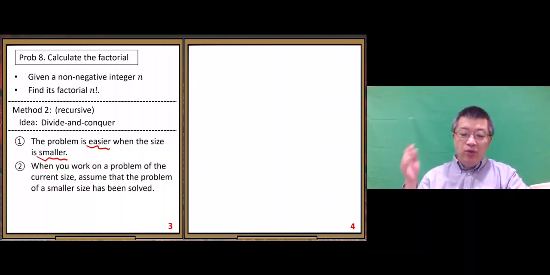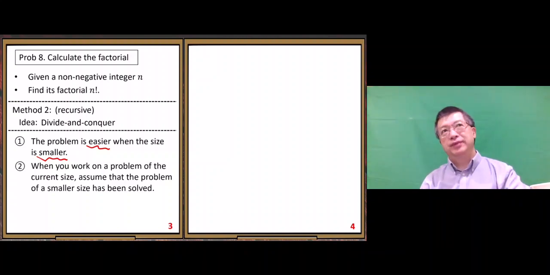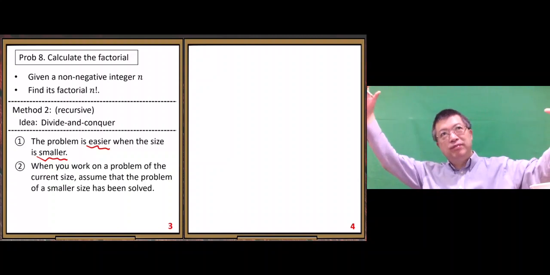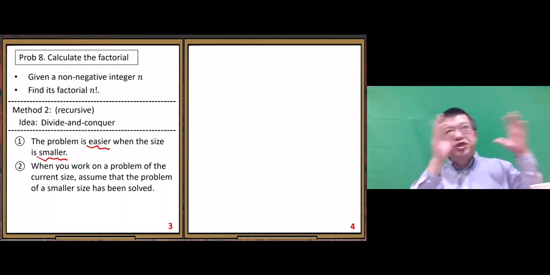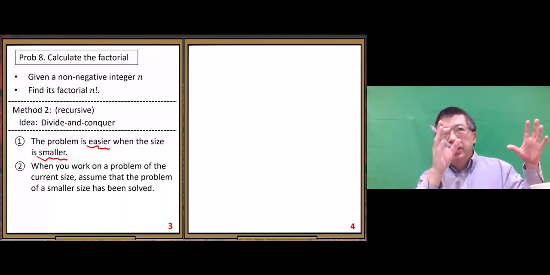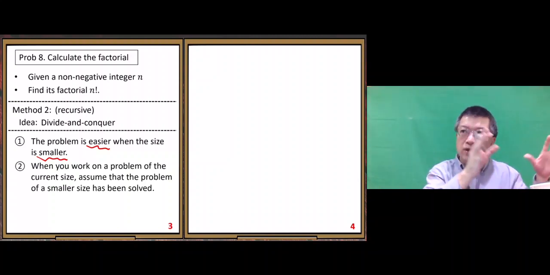When you work on a problem of the current size, which could be a big size, we assume the problem of smaller size has been solved. So we do not start from scratch. We assume we have solved this problem of some smaller size.